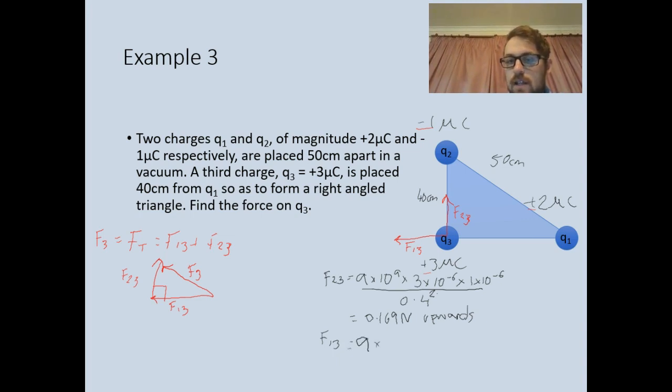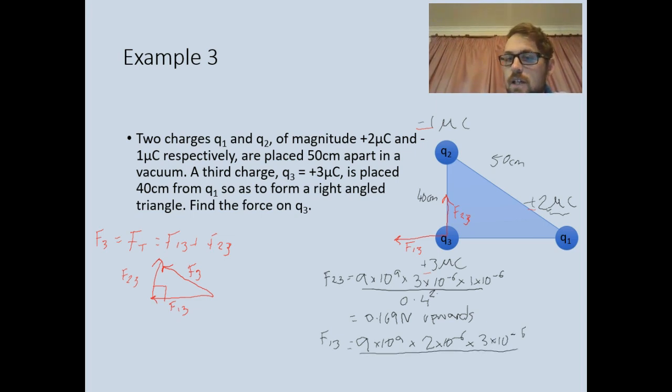So I substitute in these values again. 9 by 10 to the 9 times this one here is 2 microcoulombs, 2 by 10 to the negative 6, times Q3, which is 3 microcoulombs, and I divide it by the distance between.